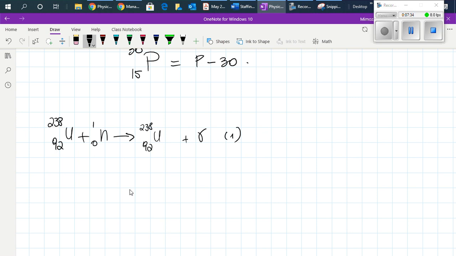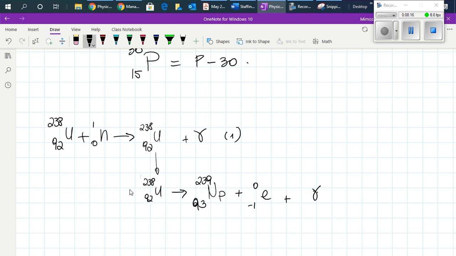Then this uranium, uranium 92, 239, was transmuted into neptunium 93, 239, an electron and a gamma ray as well. Gamma ray, a photon.